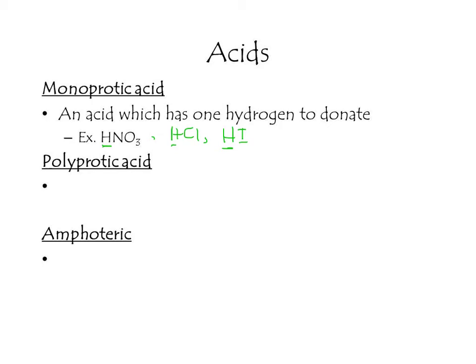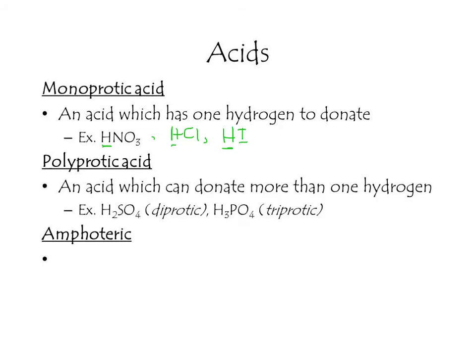Now, if we take a look at polyprotic acids, they are considered to have more than one hydrogen to donate. Sulfuric acid has two hydrogens to donate, so we're going to call this a diprotic because it donates two. Phosphoric acid has three hydrogens.